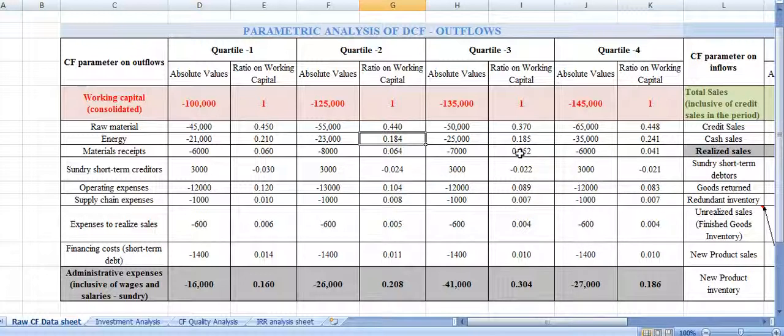So possibly the domain experts will now need to focus on containing the fluctuations in the energy, and also work on improving the operating efficiencies and lower the operating expenses even further to make sense of the discounted cash flow in the outflows.